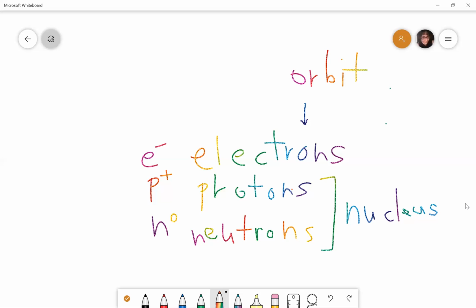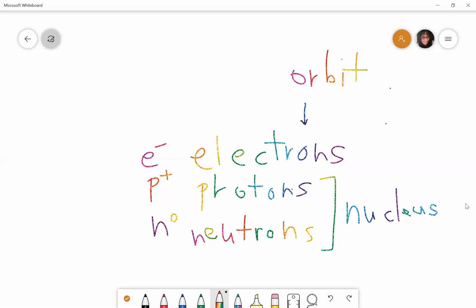Now, two different representations are involved in showing what atoms and elements look like, right? The protons and the neutrons will stick together to form the center of the atom. The electrons orbit or circle around the nucleus, but too quickly to point to their exact locations.